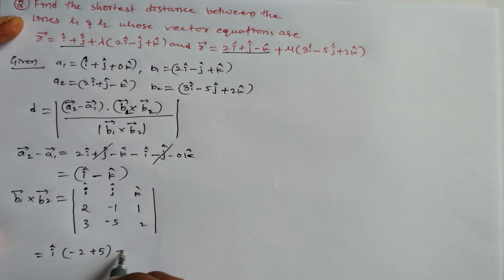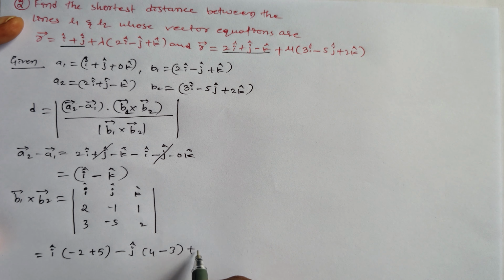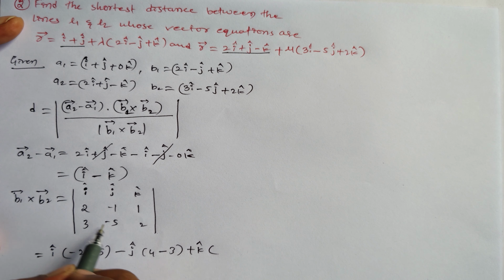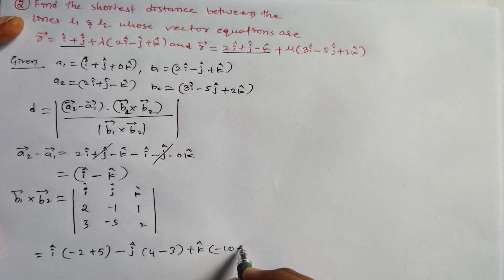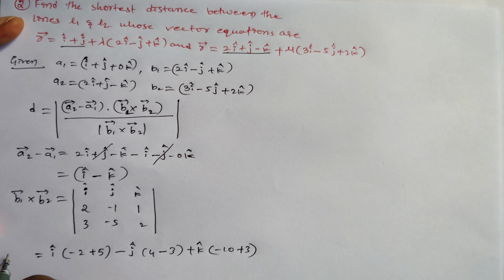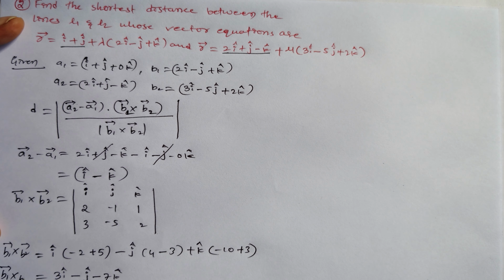Minus j cap: 2 twos are 4 minus 3. Last one plus k into bracket 2 into minus 5 is minus 10, minus 3 into minus 1 is plus 3. Then B1 cross B2 is equal to minus 2 plus 5 becomes 3i cap, minus 4 minus 3 is 1, minus j cap, next minus 7k cap. So this is B1 cross B2.